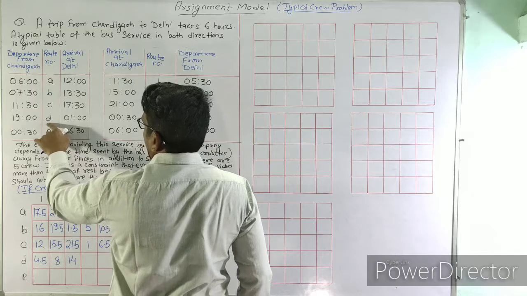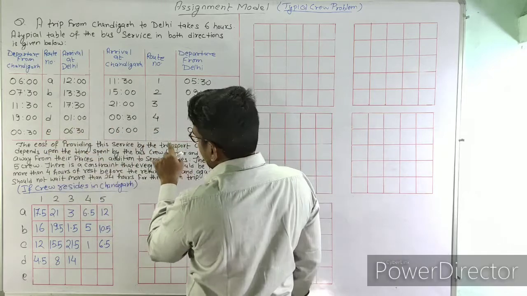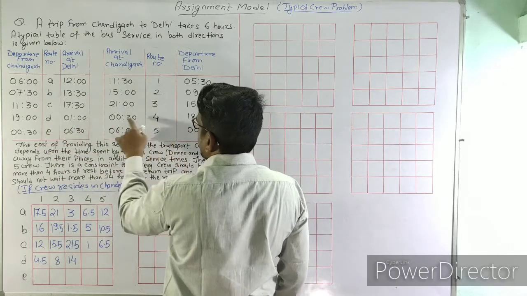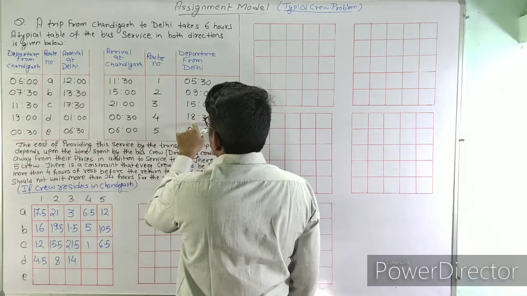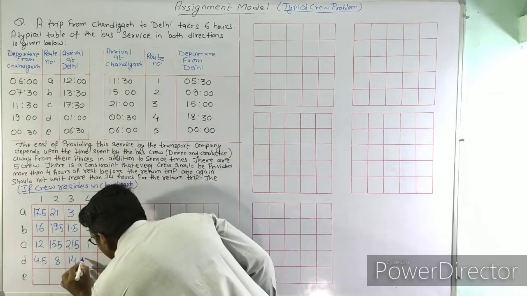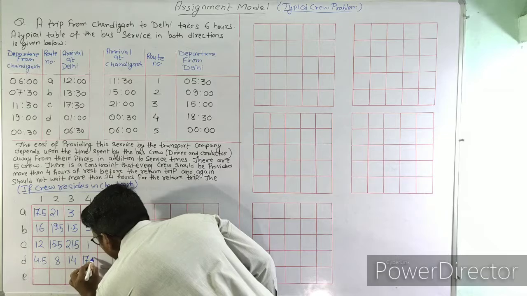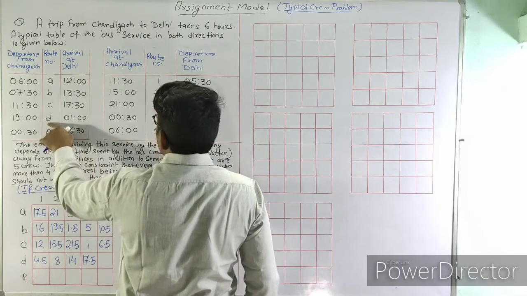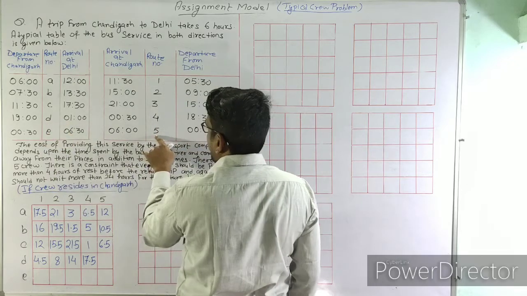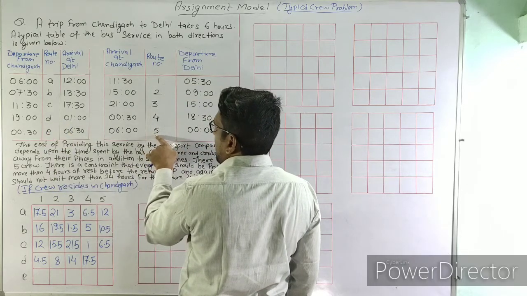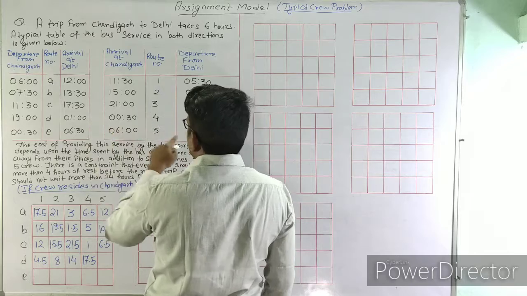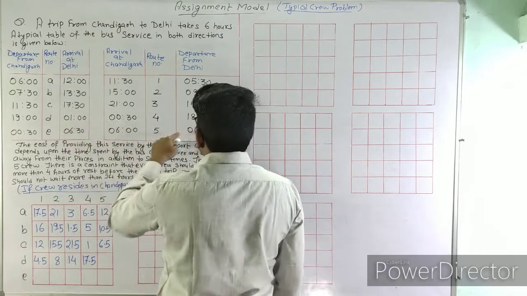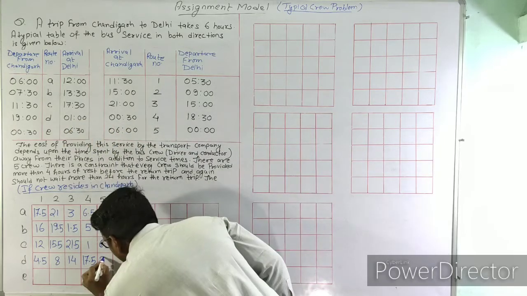If it arrives from route D and departs from route 4, then it has 17.5 hours. Again, if it arrives from route D and departs from route 5, so it will have 1 to 1 will be 24 hours minus 1, 23 hours.